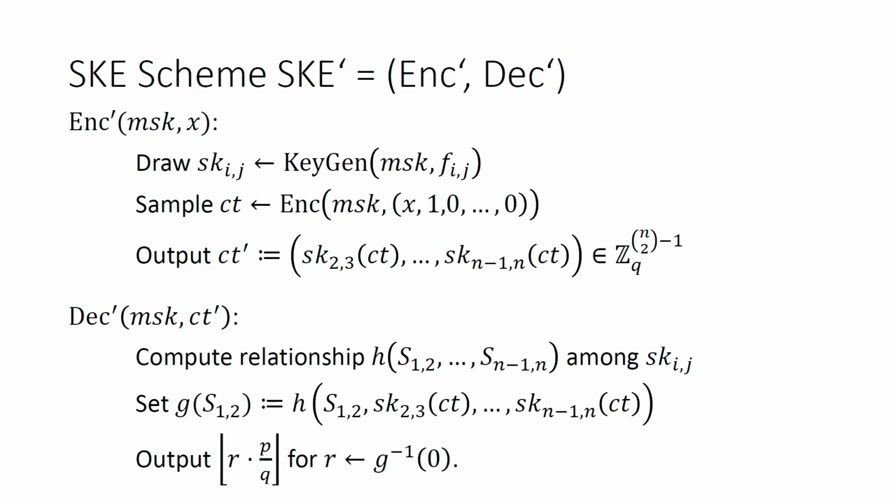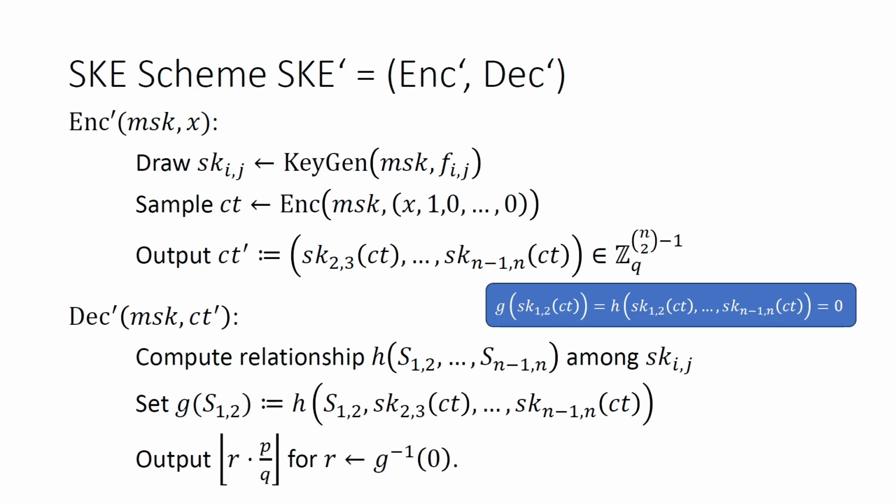It plugs in everything it knows, so it knows CT prime, knows all the evaluations of the secret keys except secret key 1, 2, plugs them in. This yields a univariate polynomial g in just one variable of constant degree. And now it computes a random root of g and outputs this scaled rounded down term here.